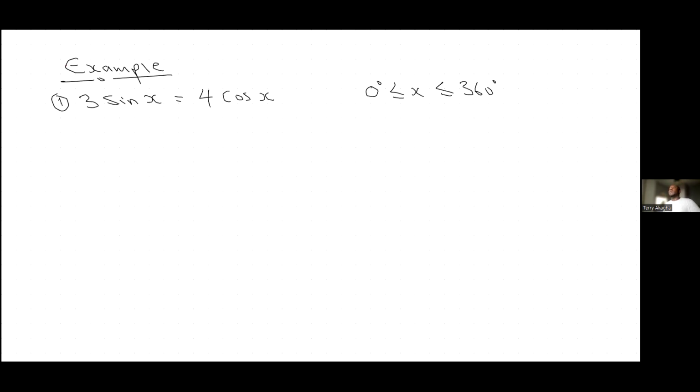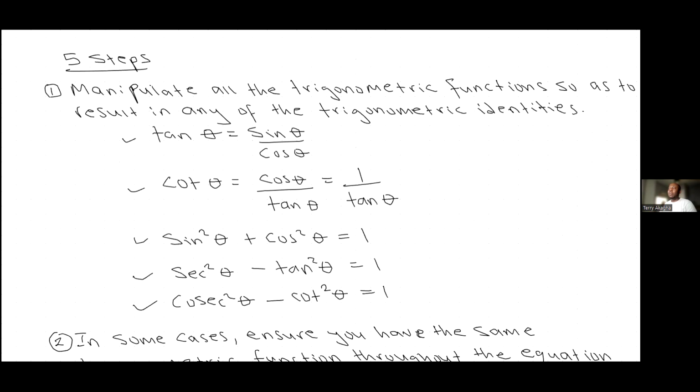All right, so how do you solve this? Okay, so when you have something like this, what comes to mind first is that you should ask yourself, remember the first rule is that you have to manipulate all the trig identities, okay? So if you go back here, you need to think about how am I going to manipulate, because I have sine and I have cosine, what trig identity comes to mind?